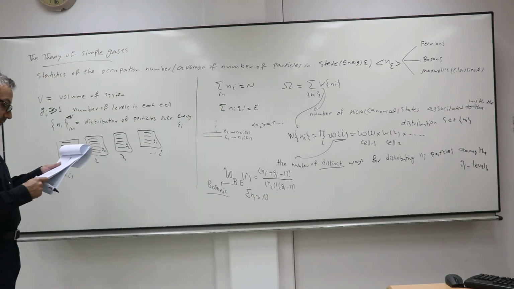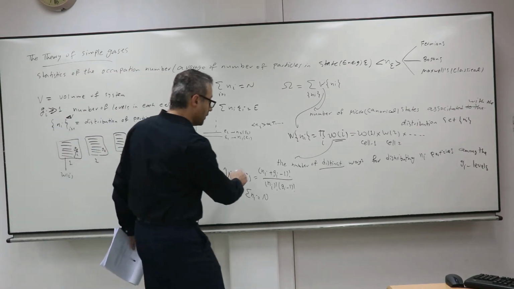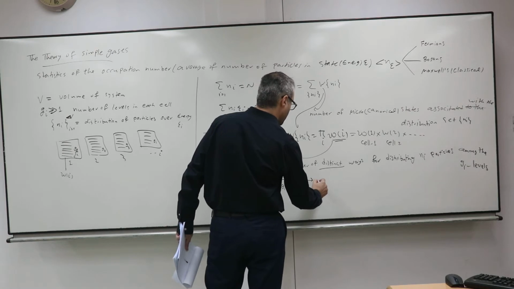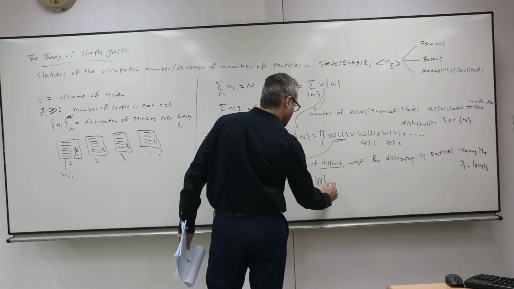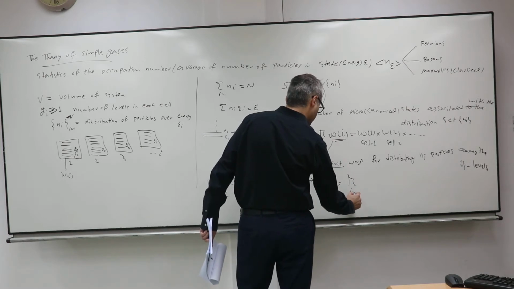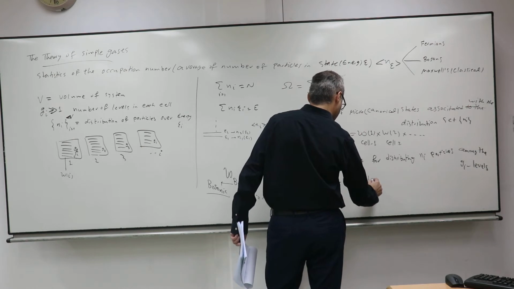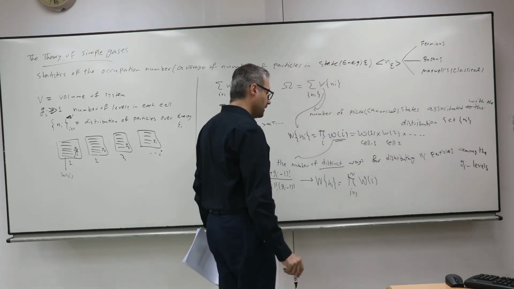So this is Wi, for one cell. If you want the value for the whole system, it will be the product of Wi from i equals 1 to N, which is W. So it's very complicated.